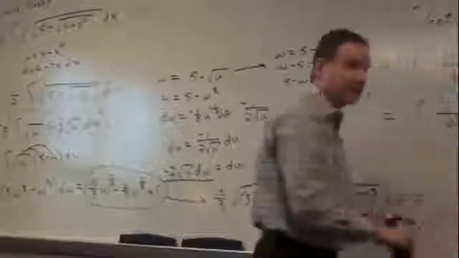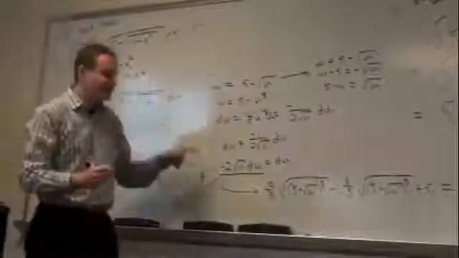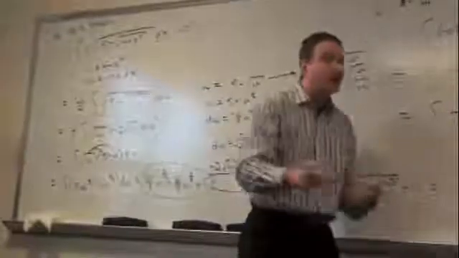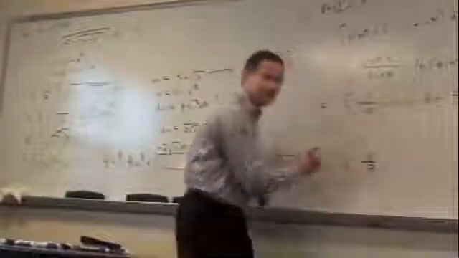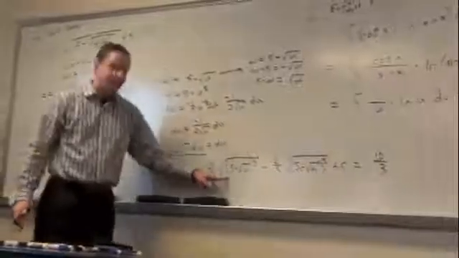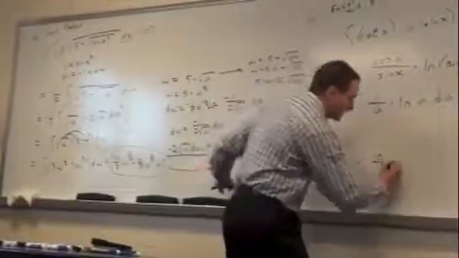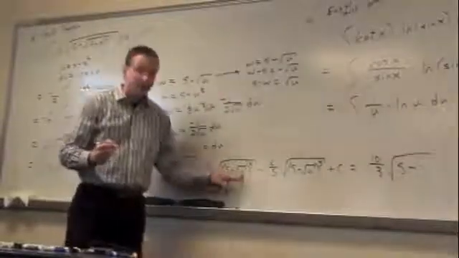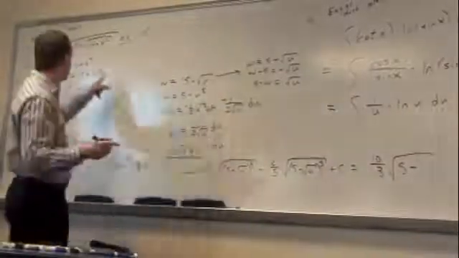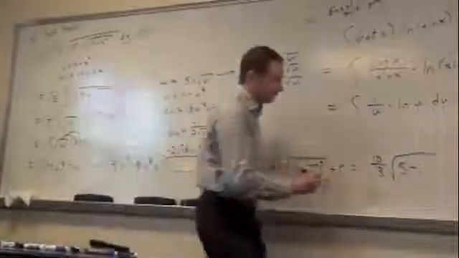The final answer needs to be back in terms of x. The only thing I have to do is say, well, u was the group 4 minus x squared. So this original gorgeous problem that I warned you was tough is 10/3 on the square root of 5 minus, not the square root of u, but the square root of 4 minus x squared.